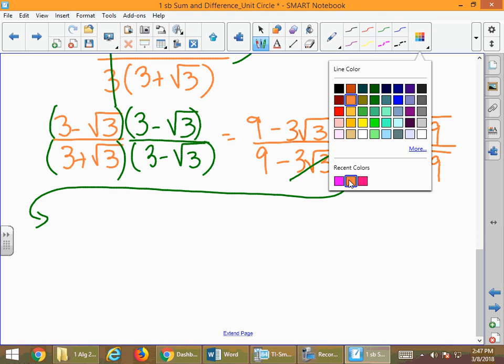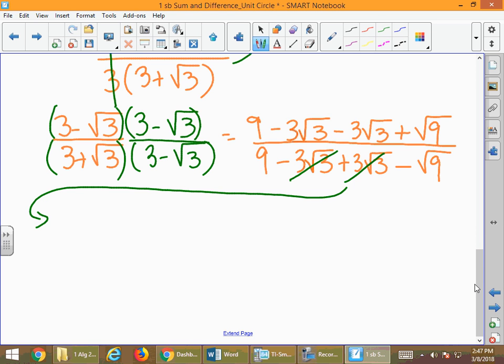Coming back around here, what we have left with a little bit of simplifying now is we have 9 minus 6 radical 3. We've got negative 3 times the square root of 3 minus 3 times the square root of 3, which is minus 6 times the square root of 3.